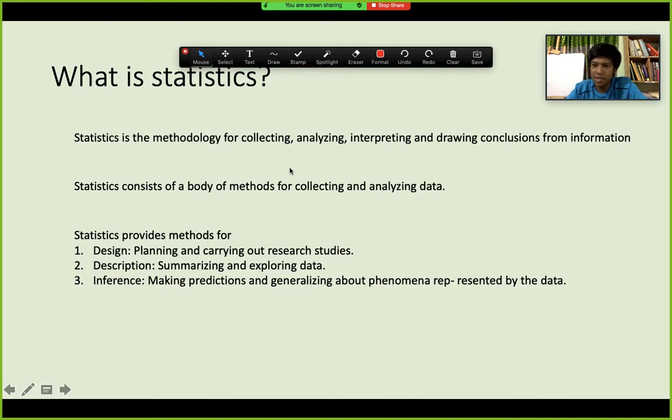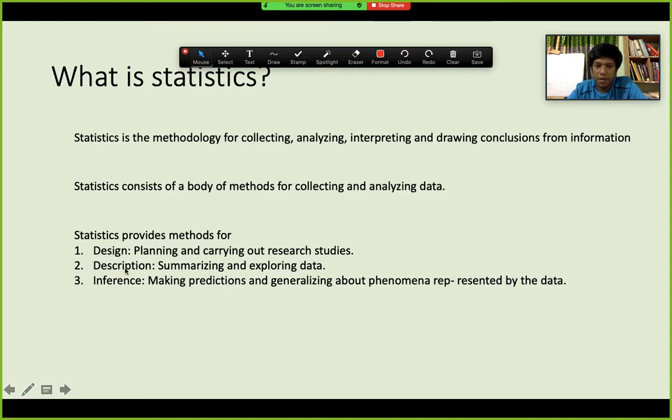So what is statistics? Statistics is basically a method for collecting and analyzing the data. And this collection and analyzing actually involves three different steps. First of all, designing the research studies.